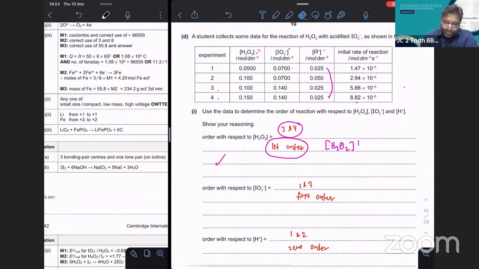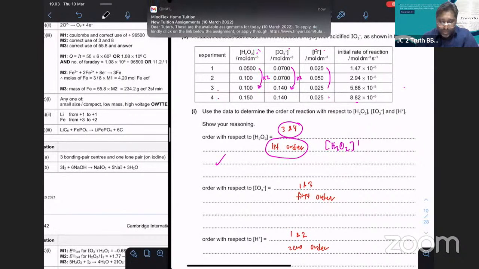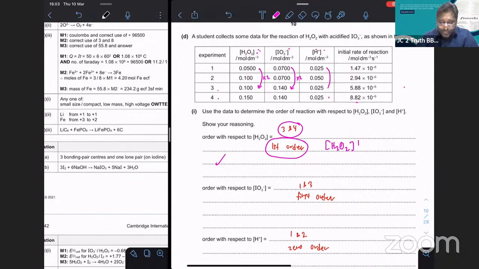So I even tried another way, which is experiment 1 and 3. You see this one, when I times by 2, I know this is the same, but this one is also times by 2. So how do I do that? I know that H2O2 is first order.